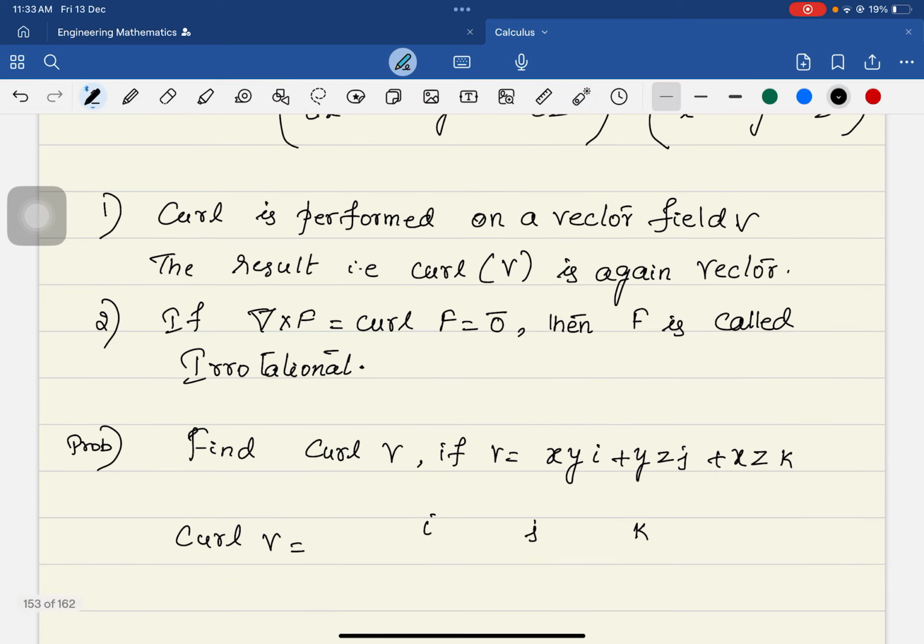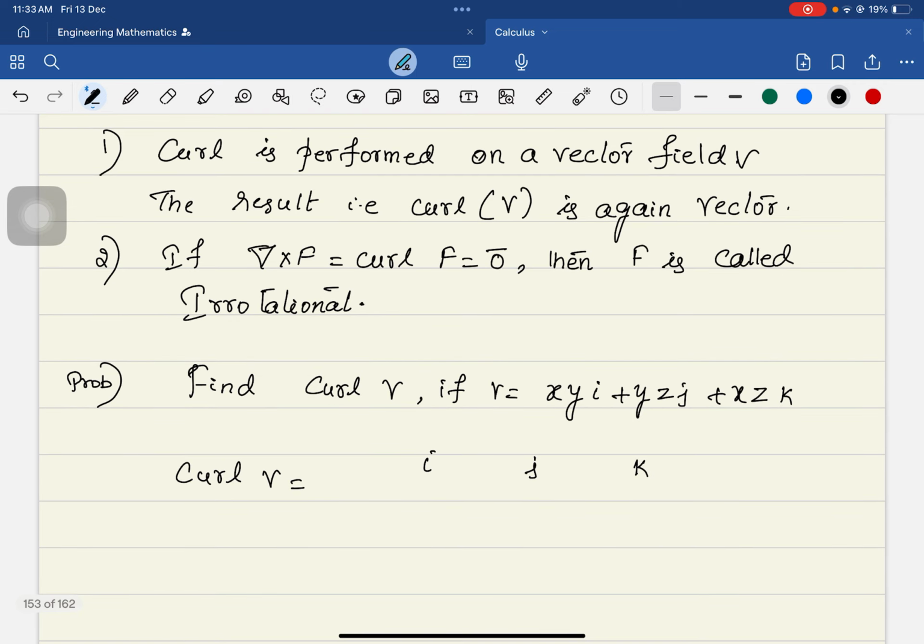Let us now take this problem to find the curl of the function. V is given by the function xy i, yz j and xz k. So curl of V is nothing but del cross V. I hope all of you remember how to find the cross product; in my previous lecture, I explained how to calculate the cross product of two vectors.